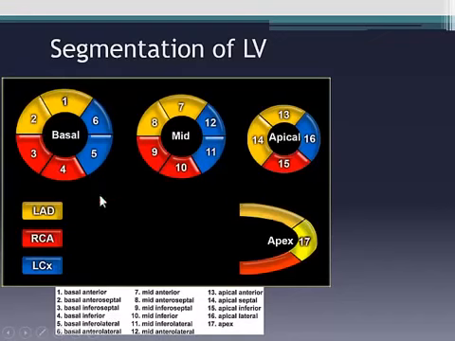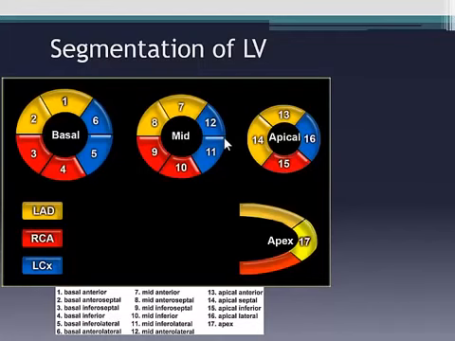Okay, this is just a schematic using the 17-segment model. The reason we always try to report in the 17-segment model, especially when talking about viability, is because the segments are traditionally divided up based on coronary territories. One thing to remember is that although we always report this as the LAD, this as the right, and this as the lateral coronary artery territory, the anatomy varies enormously. If you have a CT, it's helpful because you can see the vessels that subtend that territory.